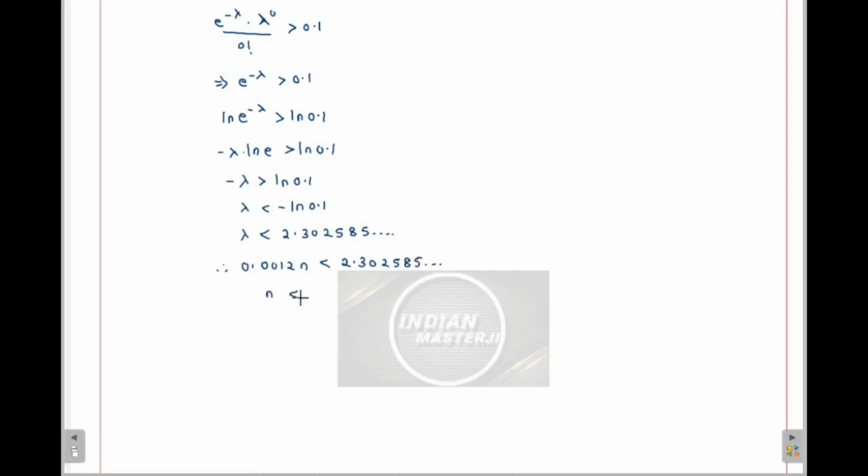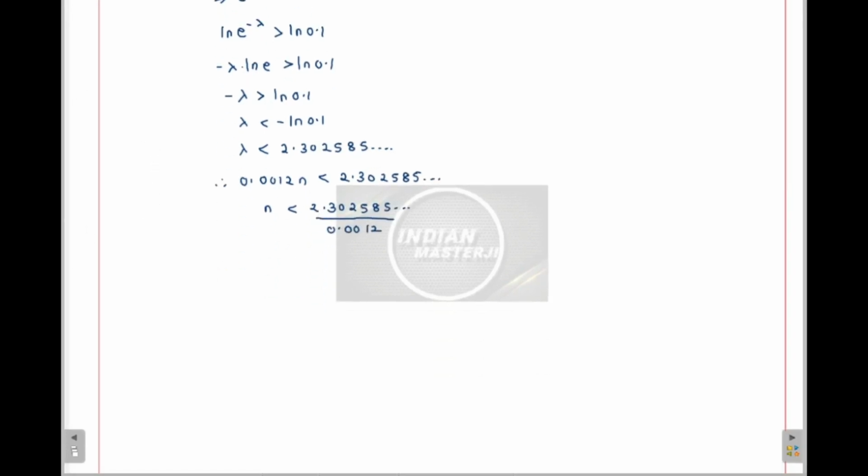So if I divide both sides by 0.0012, what do I get? 2.302585 divided by 0.0012 gives 1918.820 and so on. They are asking for the largest value of n. Because n has to be less than 1918.82, the largest value I can take is 1918, because n has to be an integer here. This is the largest value.